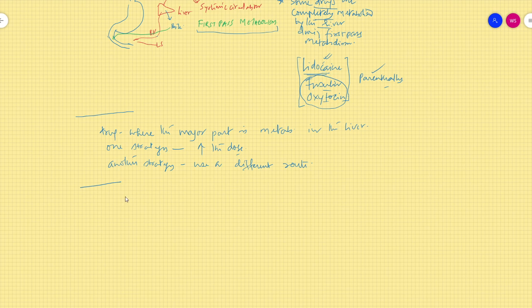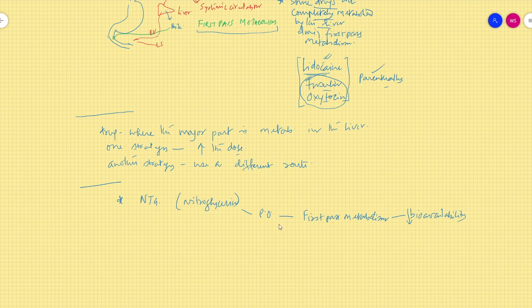And then there are drugs like, say, nitroglycerin. This is a vasodilator drug. Now this nitroglycerin, if it is given per oral, will undergo first pass metabolism, and there will be decreased bioavailability due to first pass metabolism.